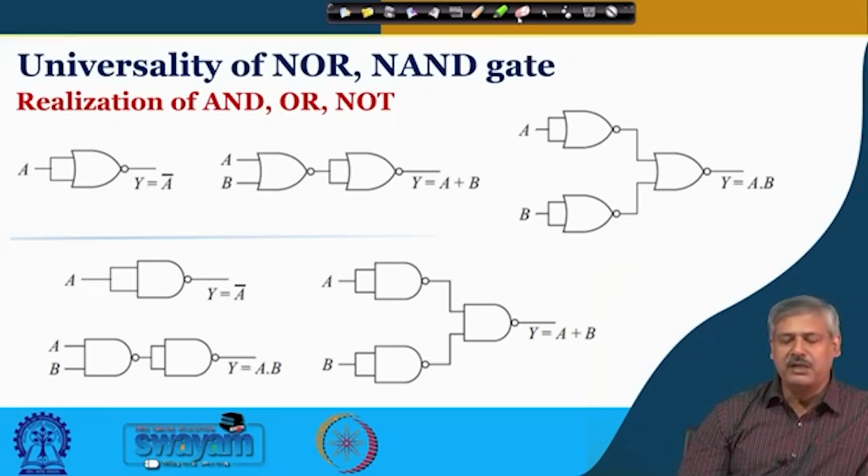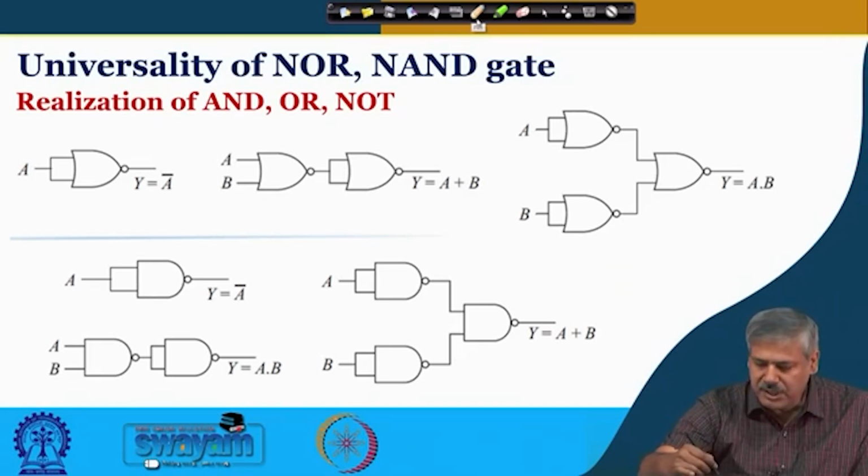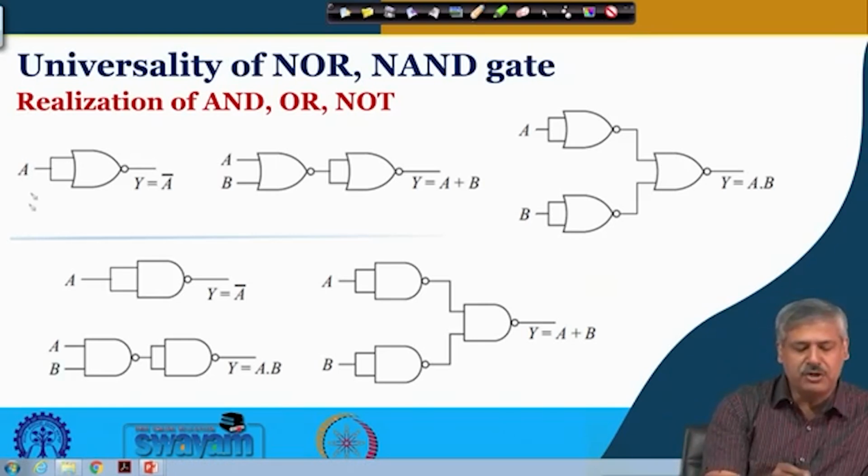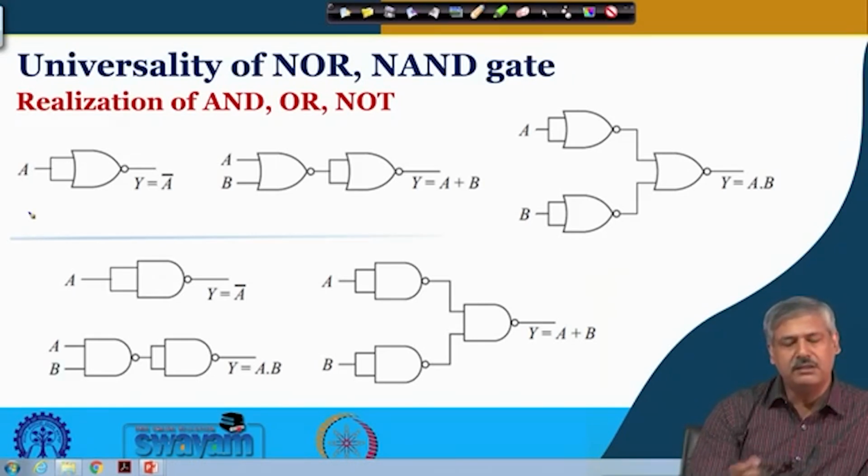And how can you achieve it? We give some examples of basic Boolean operations. From a NOR gate, if you want to get a NOT operation, you just need to short both the inputs and then the output will be the inversion.